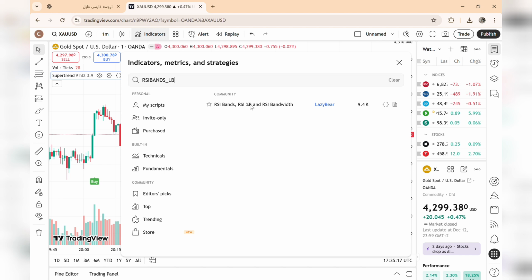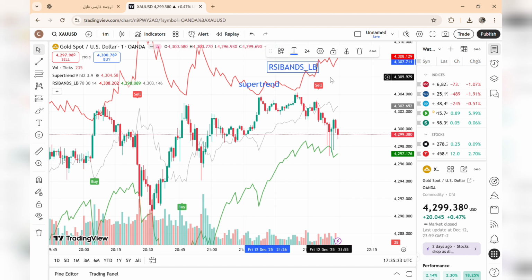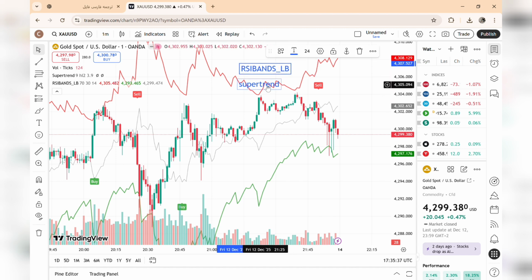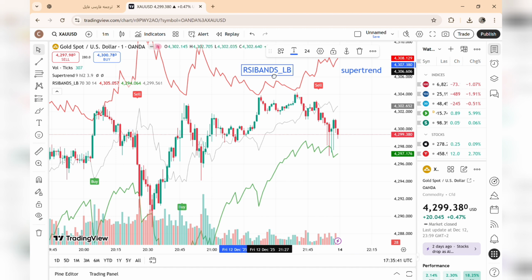This one, we choose this one. And you can also see the name here for the second indicator. Also under LB. Yes, these two indicators we need.